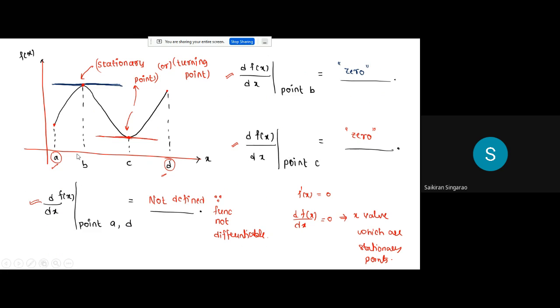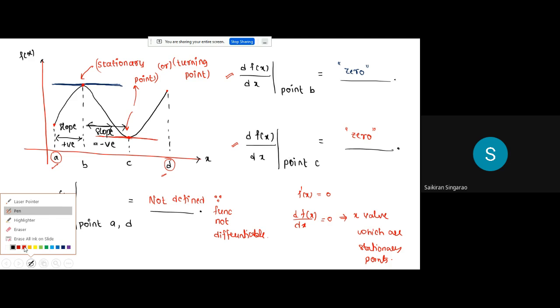So in this range, what will be the slope? If you find the slope, it will definitely be positive. And in this range, from here to here, the slope will be negative. Why will the slope be positive in all this range?